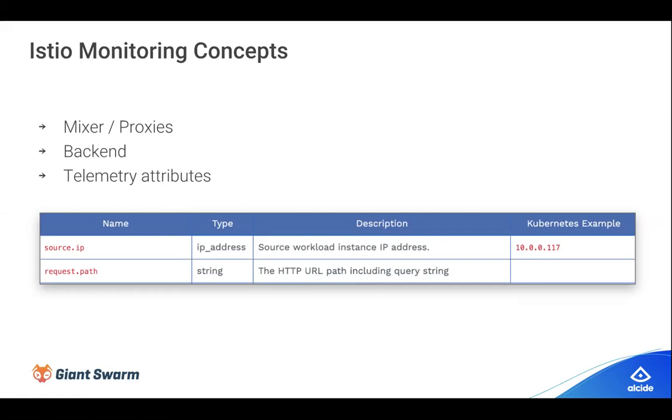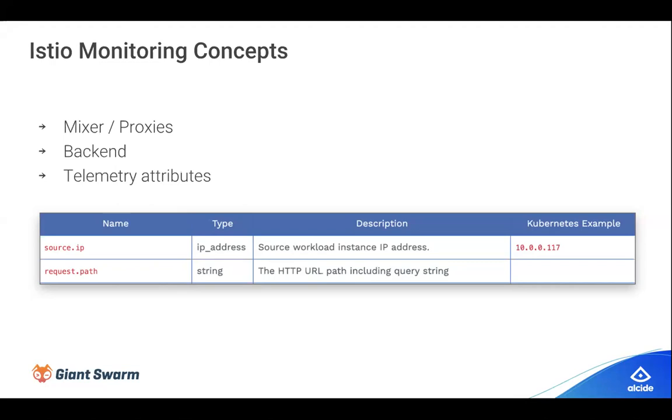So in this example, I show you the source IP. That is one attribute which obviously gives you information about the source workload IP address. And here the sample is in Kubernetes, so it will be the pod IP from the origin of the request.